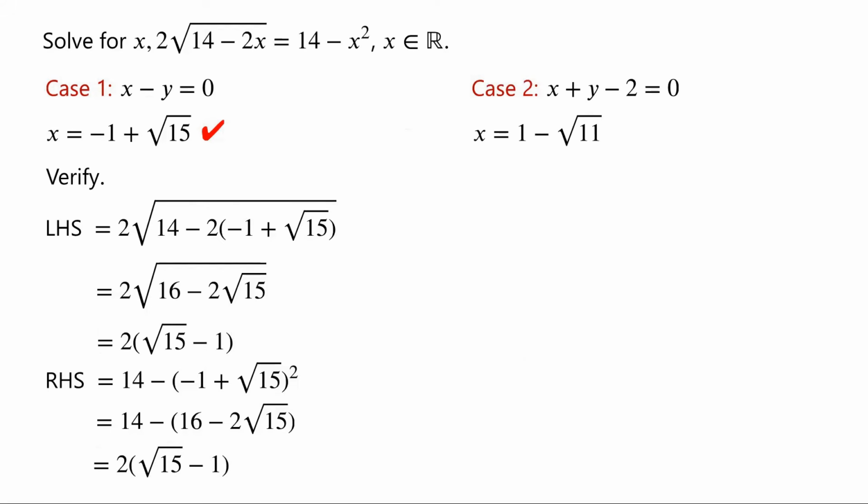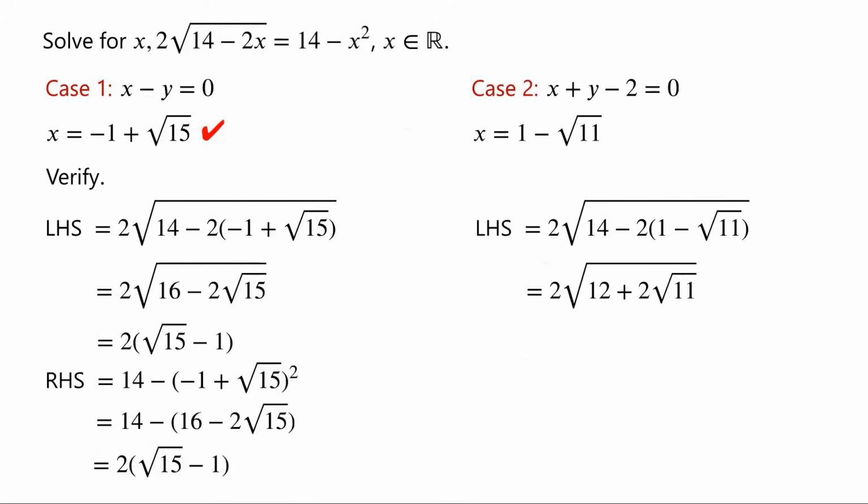When x equals 1 minus root 11, the left-hand side of the equation is equal to 2 times root of 14 minus 2 times 1 minus root 11. The radicand can be simplified to 12 plus 2 root 11, which is equal to root 11 plus 1 all squared. So, the left-hand side of the equation is equal to 2 times root 11 plus 1.